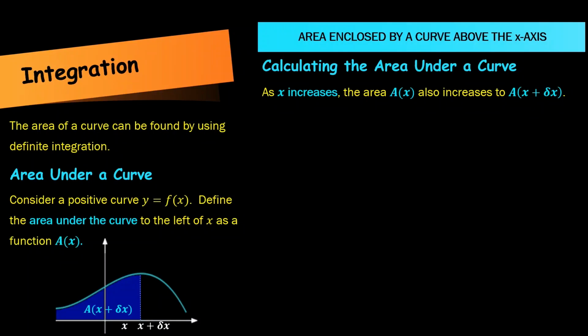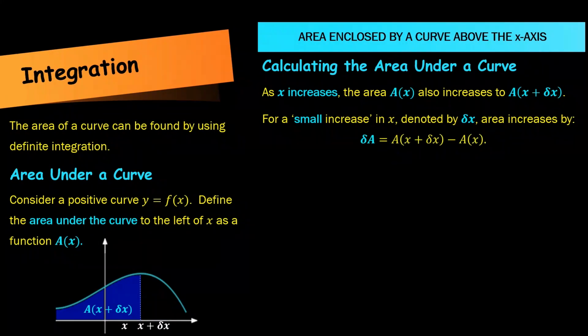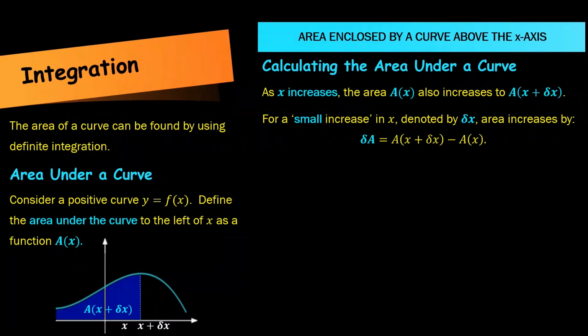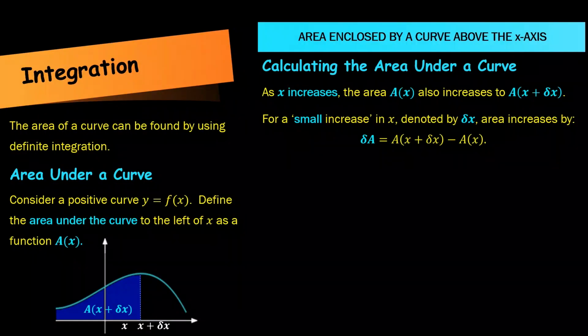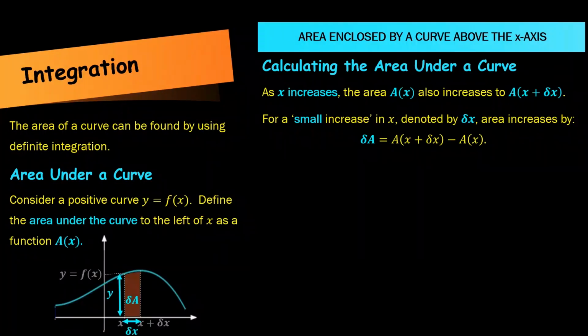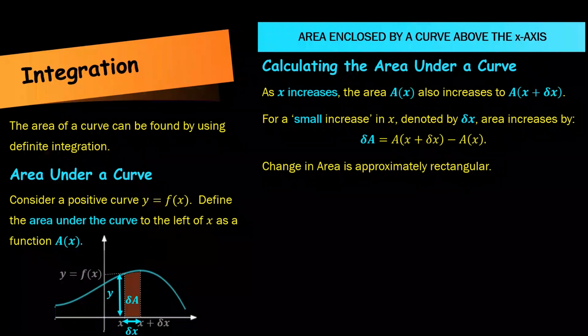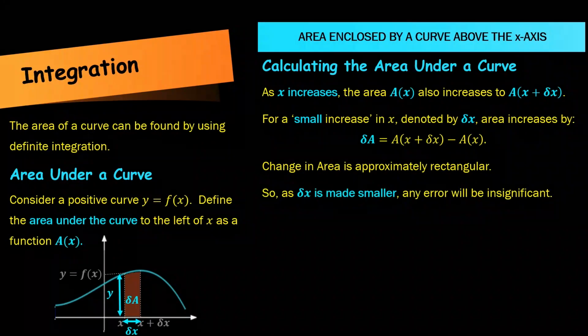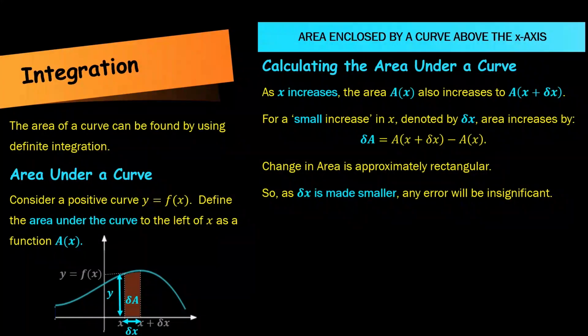For a small increase in x denoted by delta x, area increases by the amount delta A, which equals A of x plus delta x minus A of x, as shown in the diagram in blue. Now the change in area is approximately rectangular. So as delta x is made smaller, any error will be insignificant.